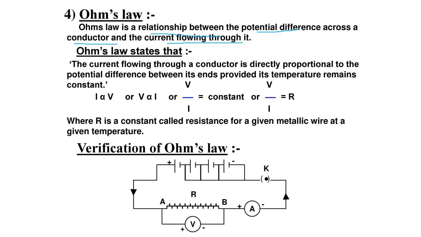For example, this is the conductor, and there is a potential difference. Whatever amount of potential difference is there, that much amount of current will flow through it. Another way to say it is the current flowing through the conductor is directly proportional to the potential difference between its ends.